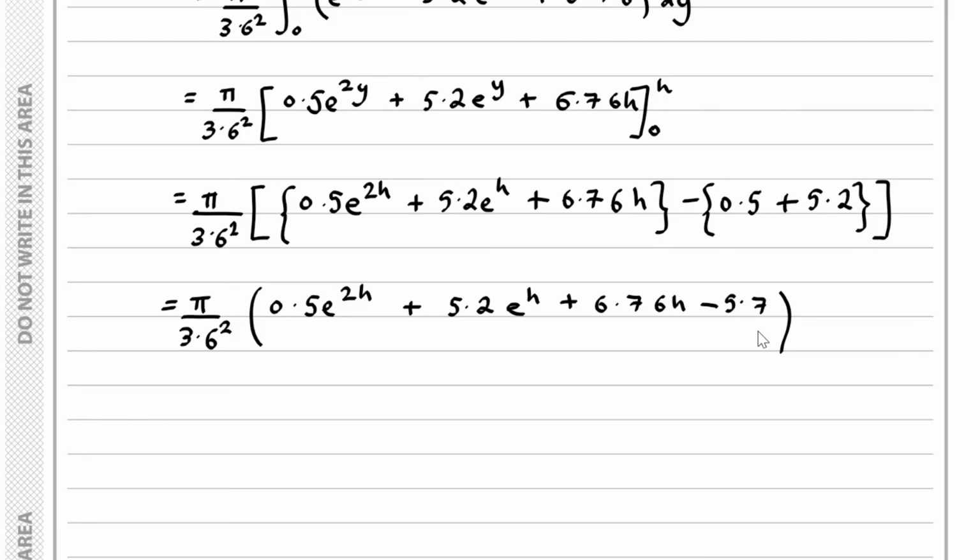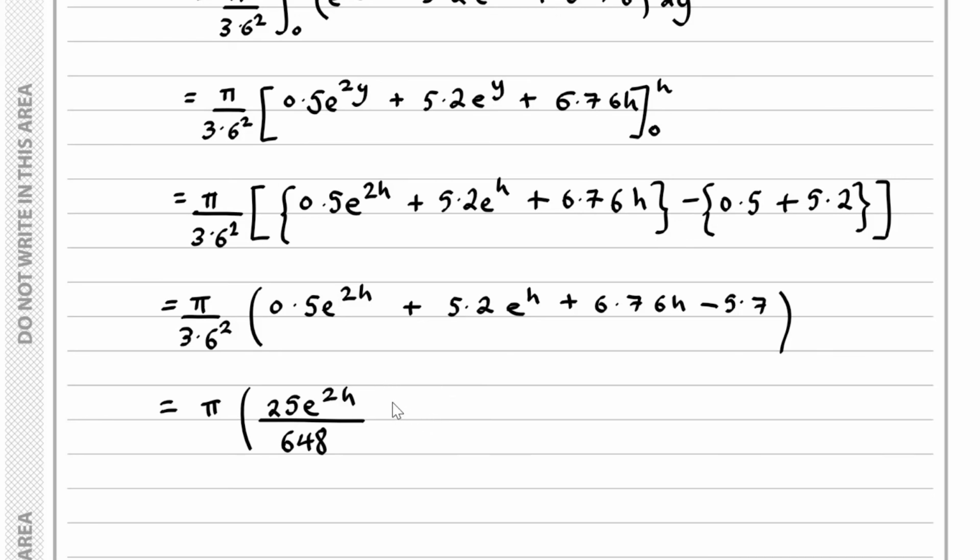If you want, let's see what happens if we expand and simplify. So we have 1 over 3.6 squared multiplied by a half. So we get pi lots of 25 e to the 2h over 648. And then we have 1 over 3.6 squared multiplied by 5.2.